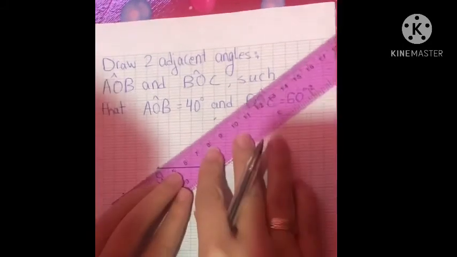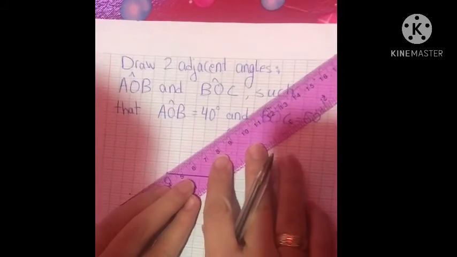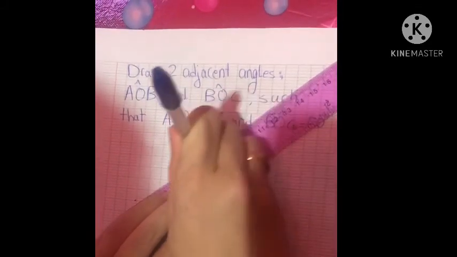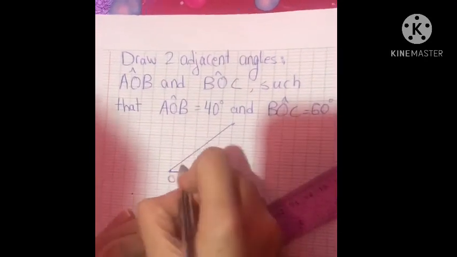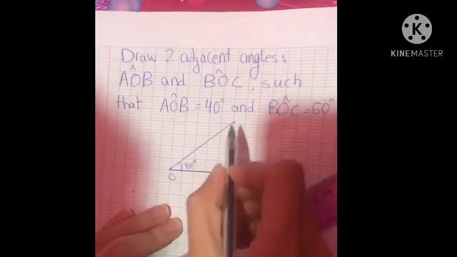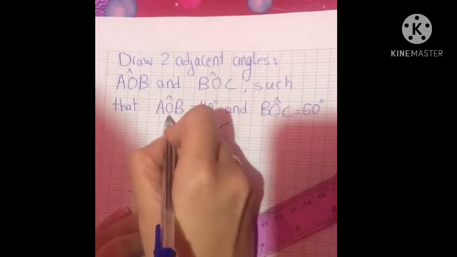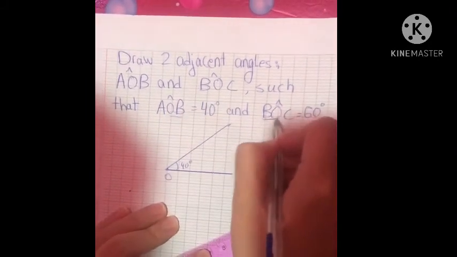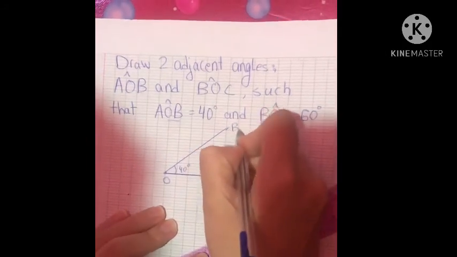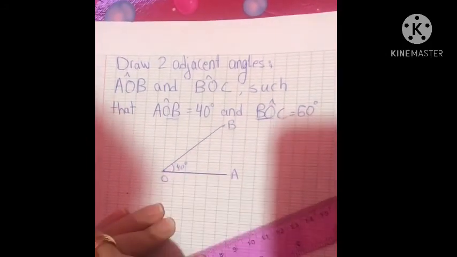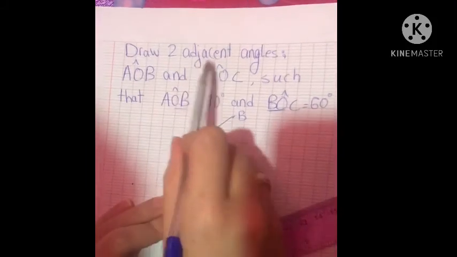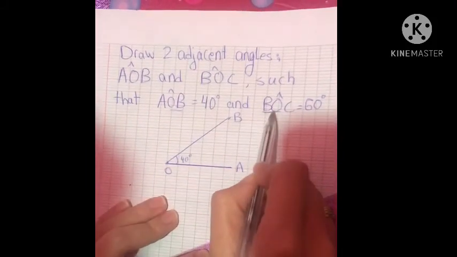Then we join. Let's name the angle. We can name it AOB or BOA, but the common side is OB, so let's put B up. AOB. Now I have to draw the adjacent angle BOC.